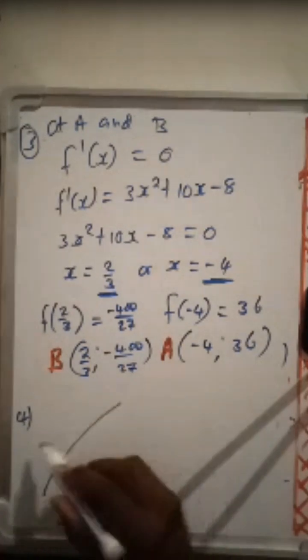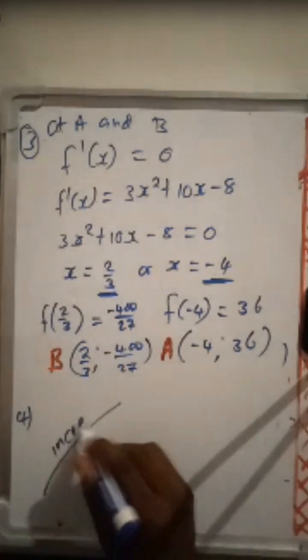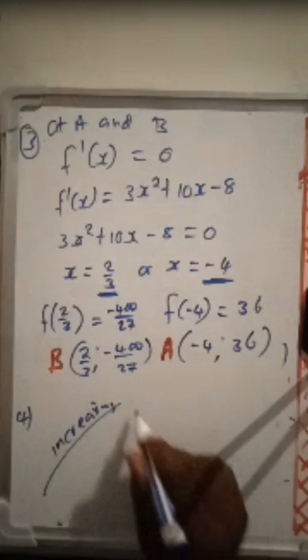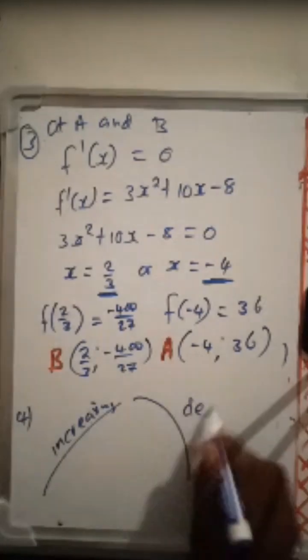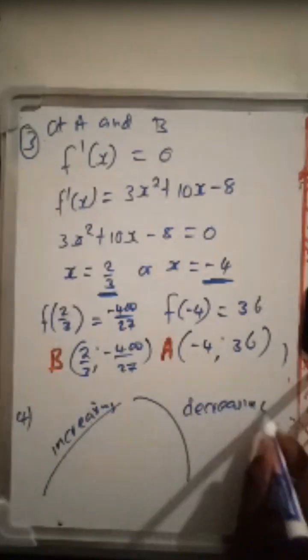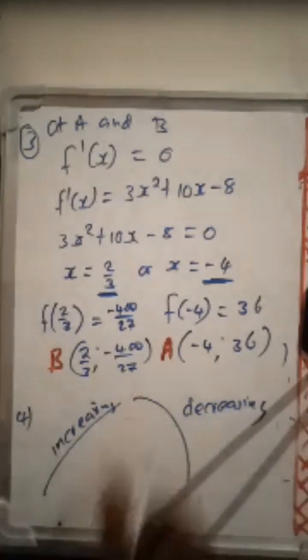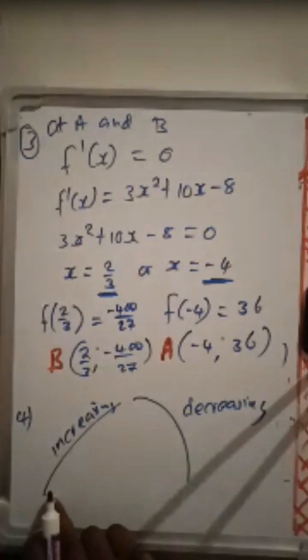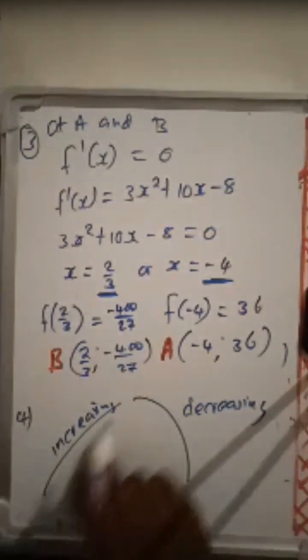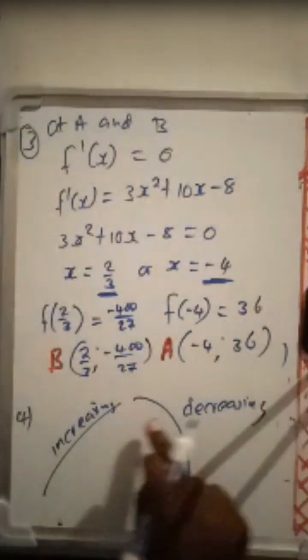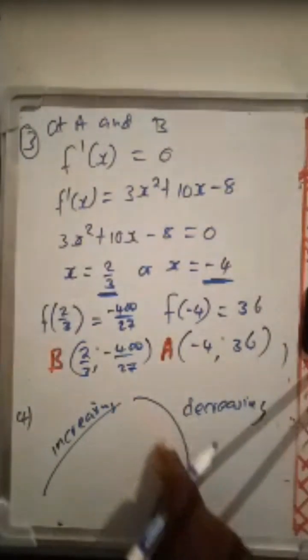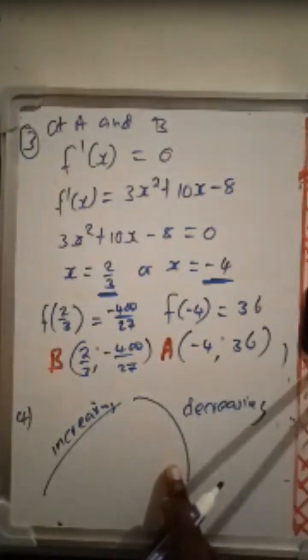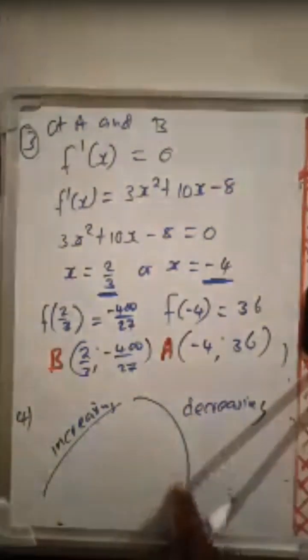This is increasing. That is decreasing. Increasing, we are saying as the values of x are increasing, the y values are also increasing. But now, as the values of x are increasing, the values of y are decreasing.